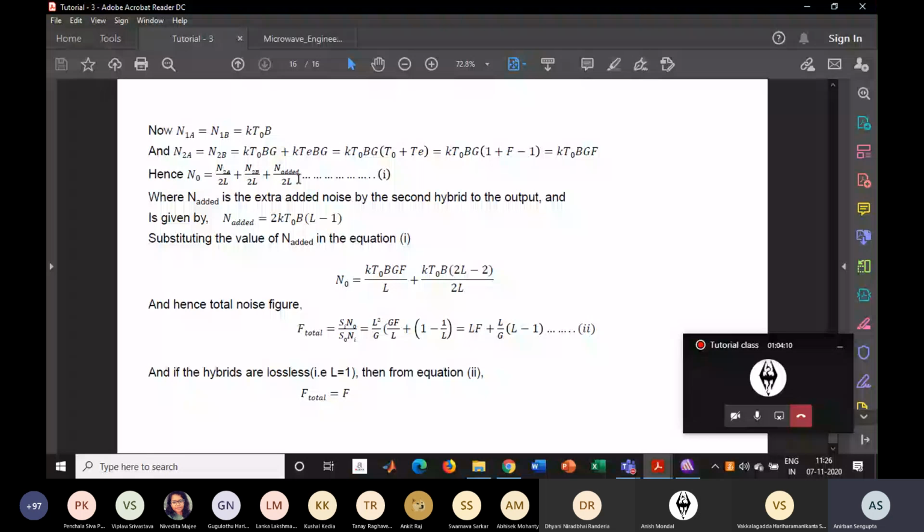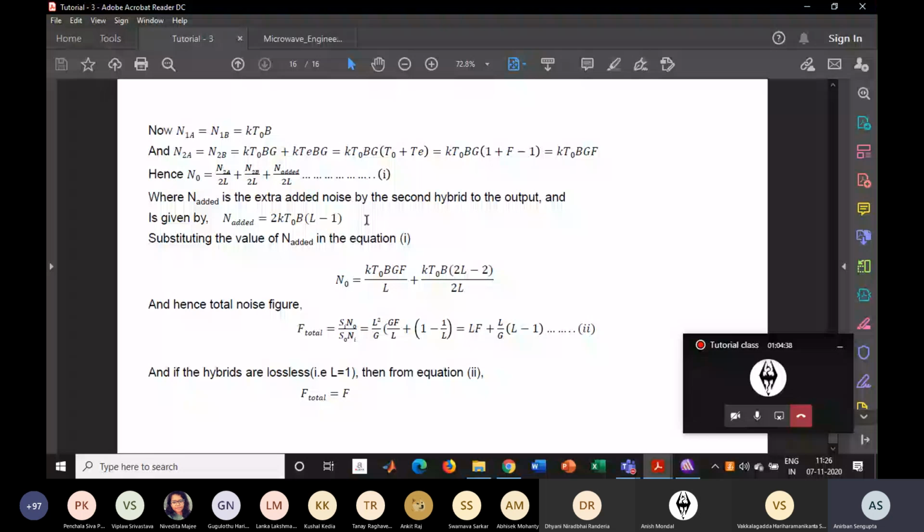N added can be calculated as 2 K T naught B into L minus 1, because there is a loss which is L. We can check from the book that for a lossy network with a loss of L, the noise figure is equal to F equals L. So here, instead of F minus 1, it is shown as L minus 1.